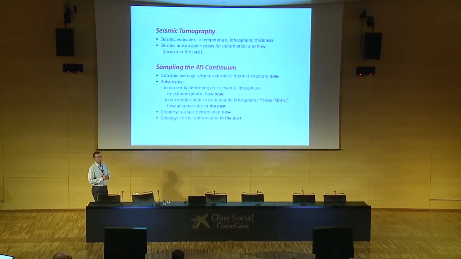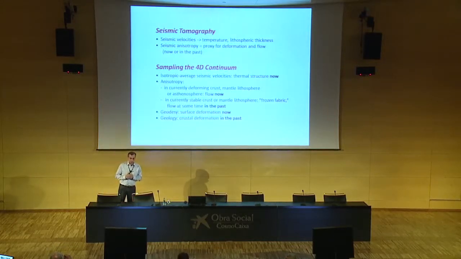Seismic tomography has given us increasingly detailed images of distributions of seismic velocities in the mantle and in the crust. From those, especially in the mantle, we can infer distributions of temperature, and by inference, lithospheric thickness and lithospheric strength, all useful parameters if we want to study lithospheric dynamics.